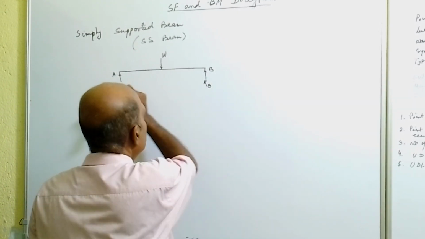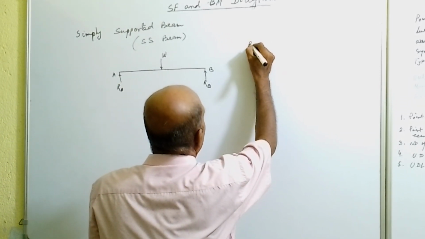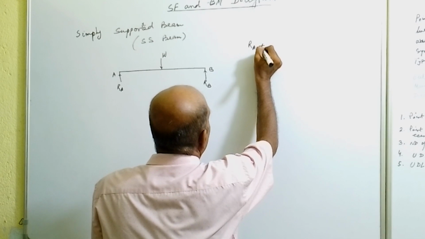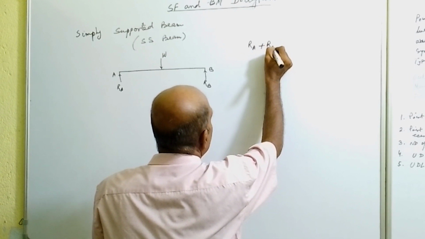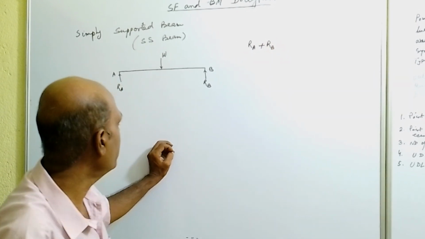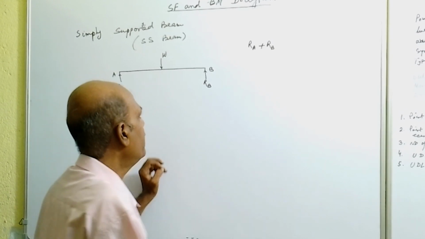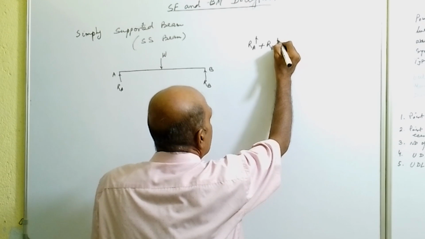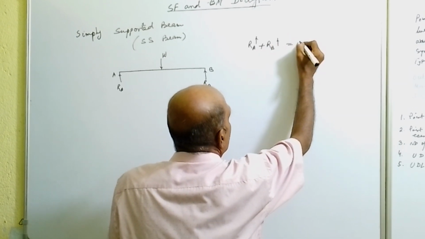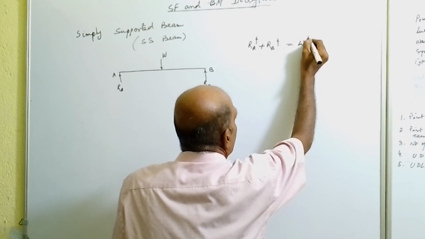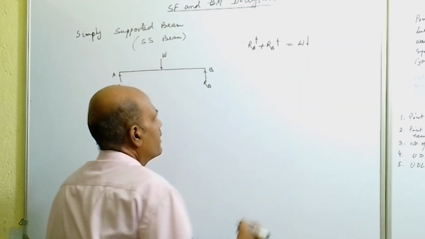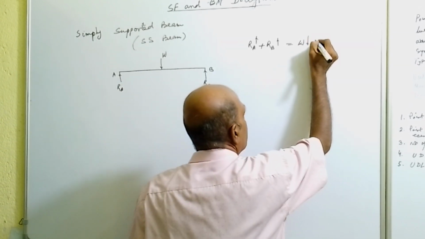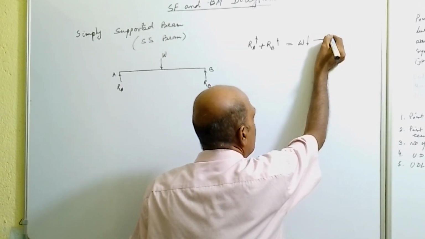From this, RA plus RB, the reactions at points A and B, which act vertically upward, will be equal to the load W on the beam which is acting in the downward direction. This is the first static equation.